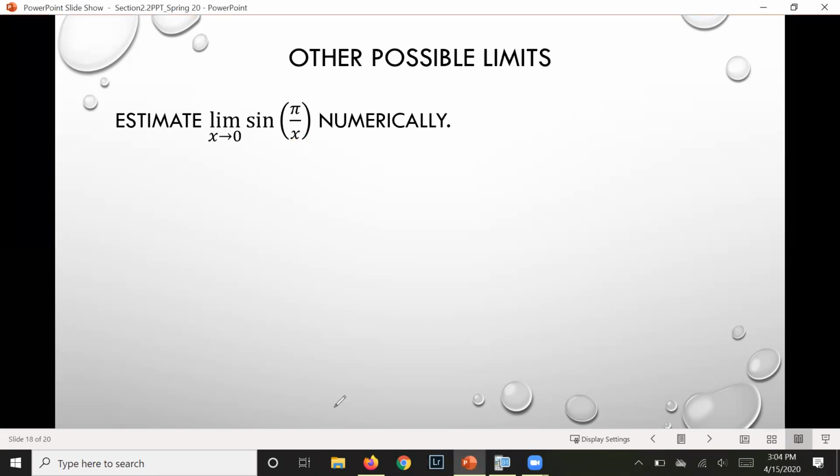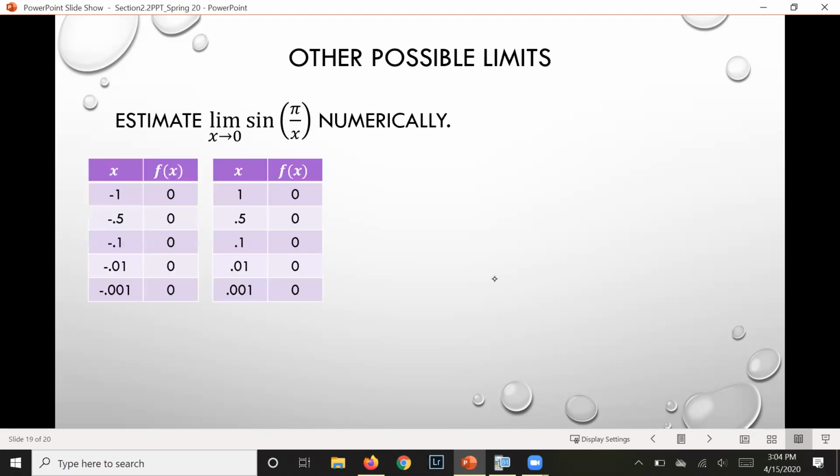So what are we going to do instead? Well, like it says, we'll do numerically. So we'll have to set up this table with these values approaching 0 from both the left-hand and the right-hand side, and check out what happens when we do that. Well, in that first table there on the left, when I approach from the left-hand side, I start at -1, go through -0.5, -0.1, -0.01, -0.001.